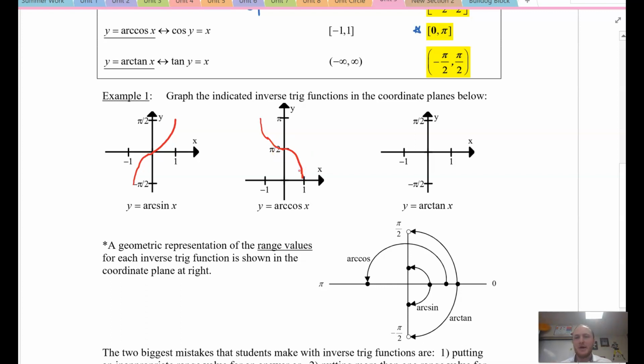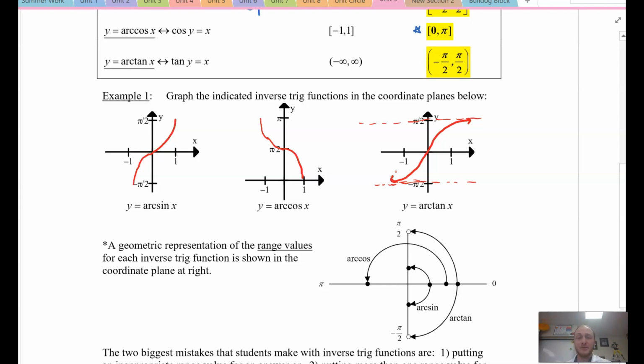And the inverse of arctan looks something like this. This is because we have an asymptote here at -pi/2 and at pi/2. And we have arrows on this one. The domain is -infinity to infinity.